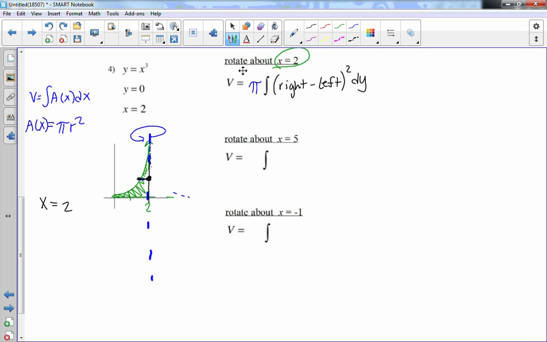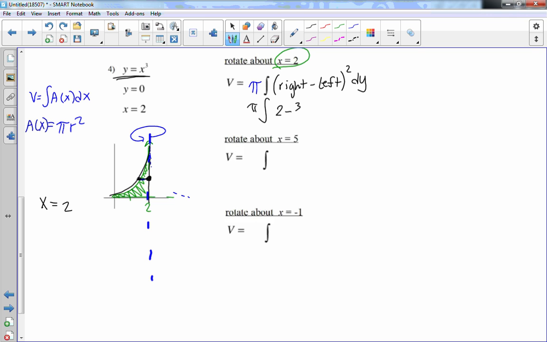With x equals 2, what's with respect to y? Or is that okay? And this one is on the left, correct? Okay, so right minus left, we have pi integrating 2 minus what? Yeah, cube root of y.